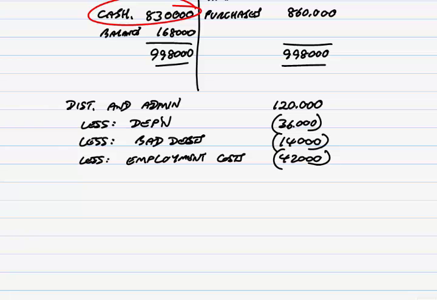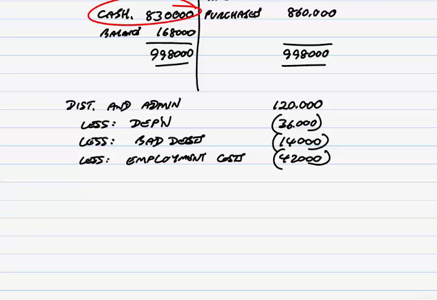Finally, though, note 2 tells us we sold a house. We made a profit of 6,000, and it's been netted off expenses. So our expenses, in fact, were actually higher than 120. We had expenses of 126. We reduced it by the profit on the sale of the asset.